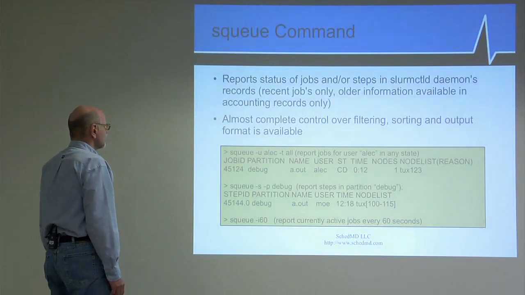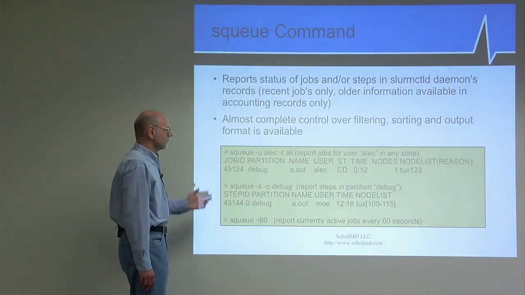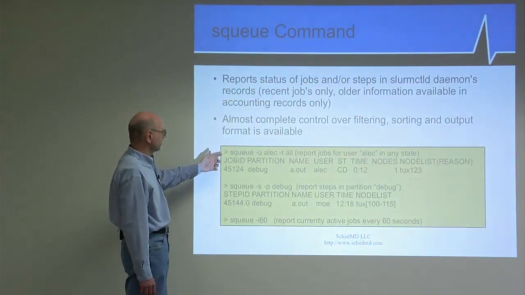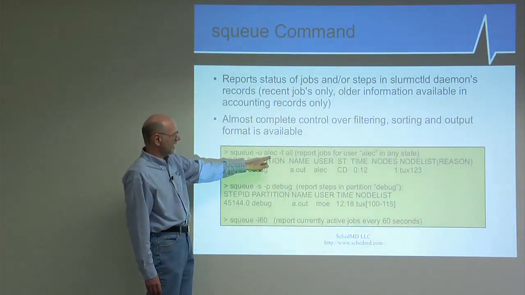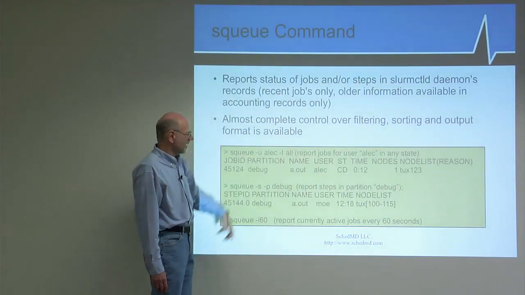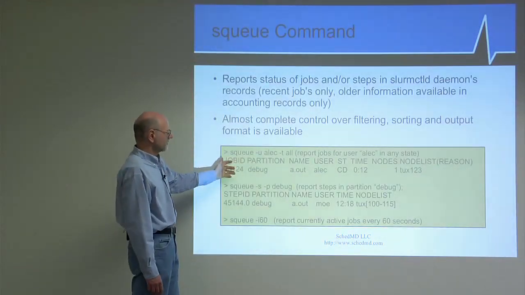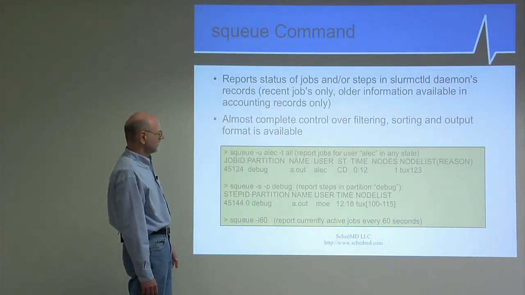squeue, quite a few different filtering options too. So for example here, giving information about jobs belonging to user alloc in any state. So this is a default output.